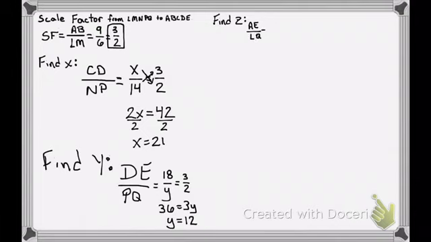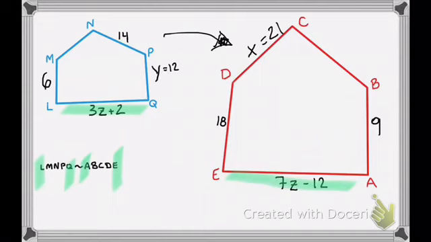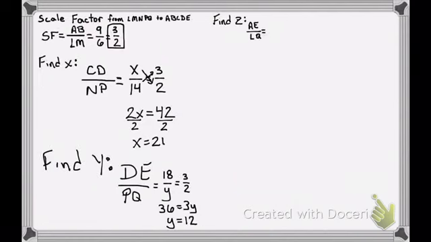According to my picture, we can clearly see that AE is 7z minus 12, and LQ is 3z plus 2. So if we put that into the fraction, 7z minus 12 over 3z plus 2, that has to be equal to the scale factor. Everything is always equal to the scale factor when you're talking sides, not when you're talking angles.